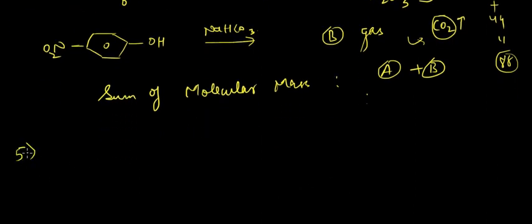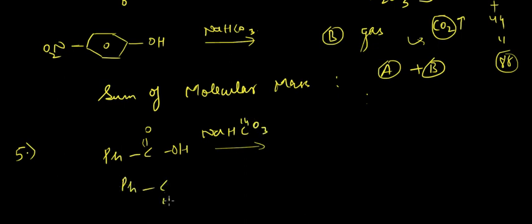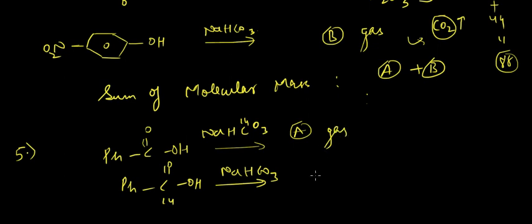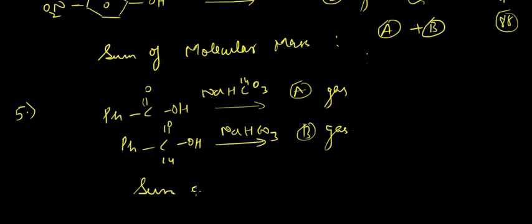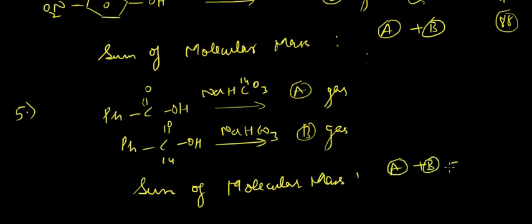Let's look at the last example for this video lecture. So we have an acid on reaction with NaH14CO3, and we have again Ph-14C(=O)OH and NaHCO3. This evolves A gas, this evolves B gas. Here you output the sum of molecular masses of A and B. So we will be getting A plus B equals 90.